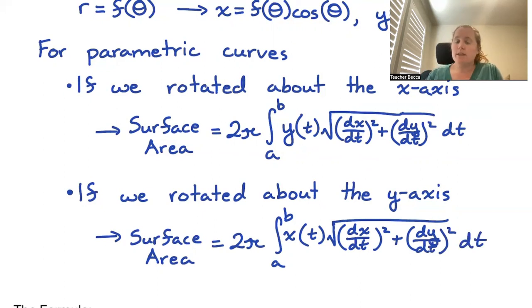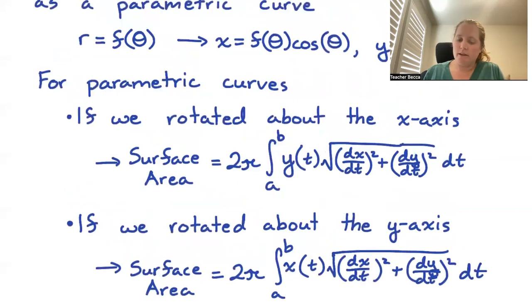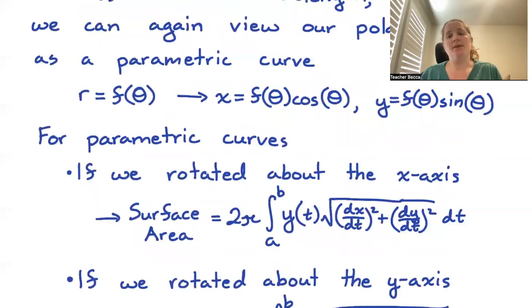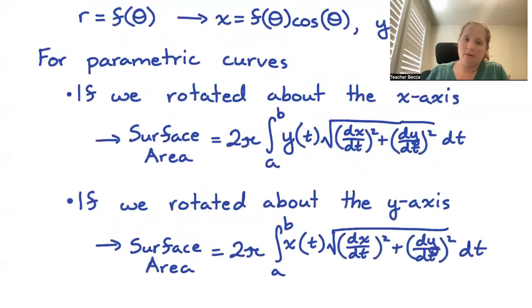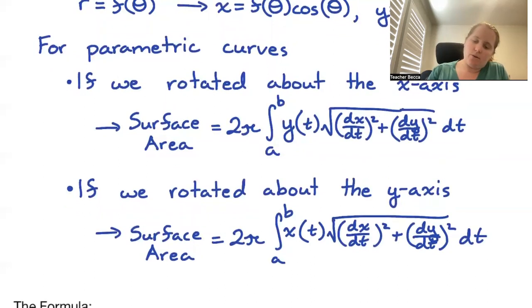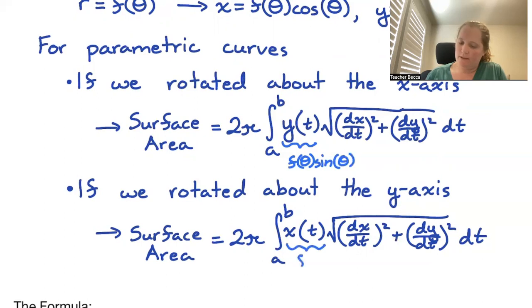Now, the x of t and y of t in polar will just be f of theta cosine theta and f of theta sine of theta. Right? So the y of t is just f of theta sine of theta. X of t is just f of theta cosine theta.